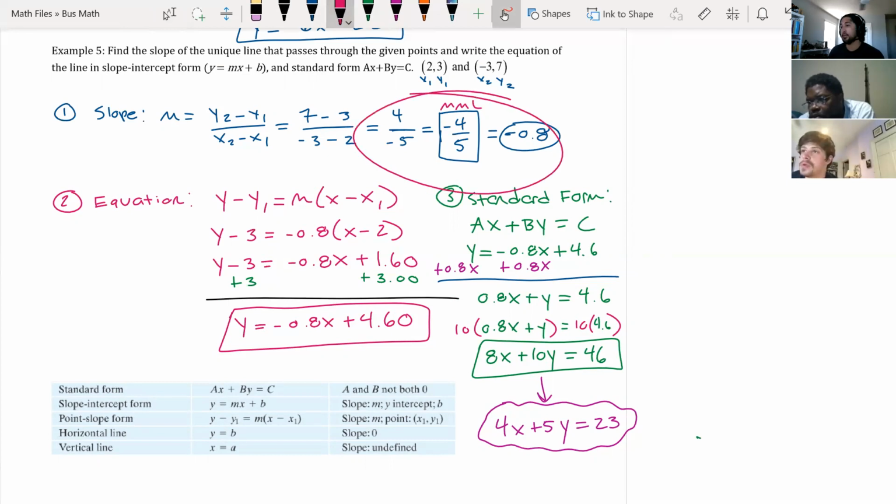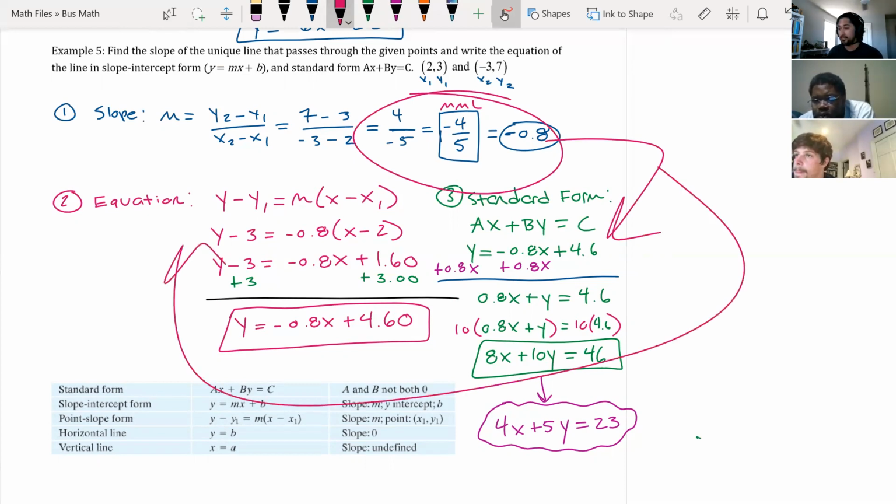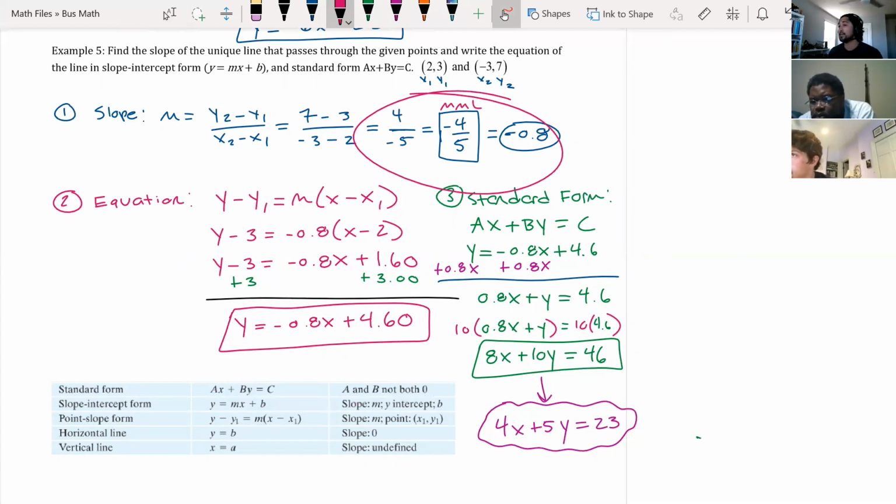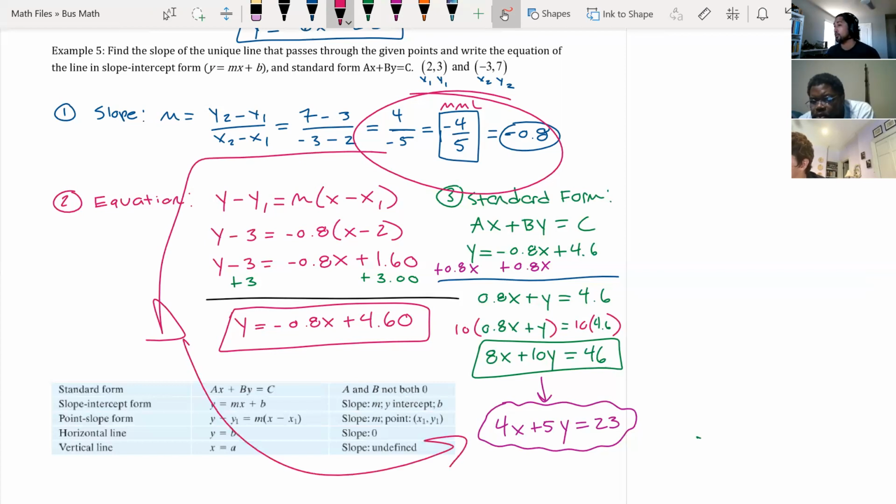So I know on your homework, it's going to say find the slope first, and then it's going to say find the standard form, and then it's going to say find the equation in slope-intercept form. So I think the best way to handle this question is to find the slope first, then find the slope-intercept form, and then put it into standard form.